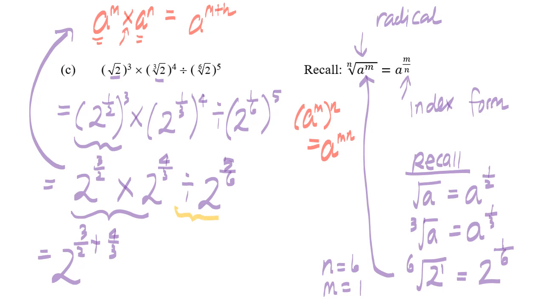If it's division, then what do we do? We minus the power. So we bracket these two first, then we minus away 5 over 6. Then you use a calculator to work this out. You get 2. So 2 to the power of 2 means 2 times 2, that gives you 4.